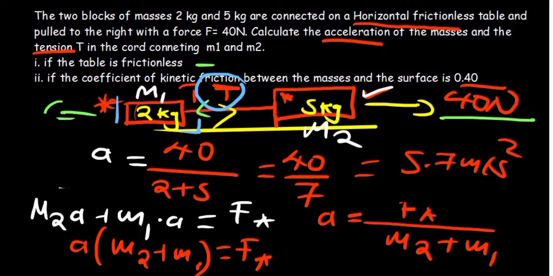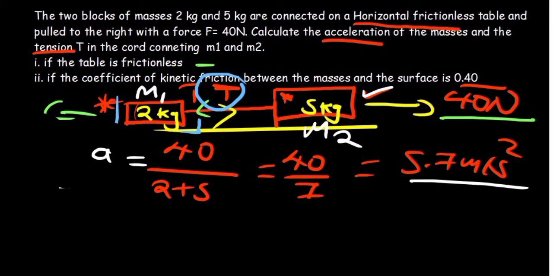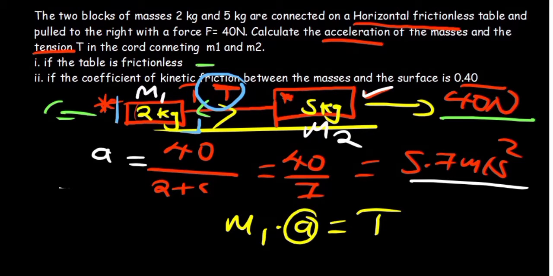Okay, so after finding our acceleration, what else do we have to find? We have to look at now the concept of the tension. We said the tension was equivalent to M1 multiplied by A. So you plug in the acceleration that we found.